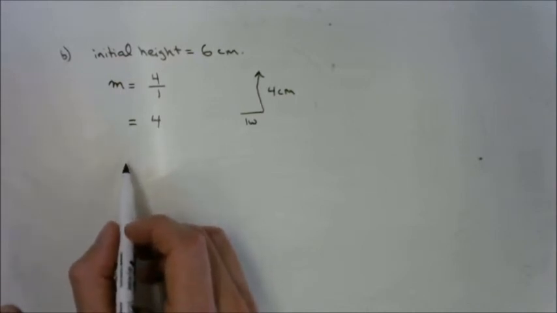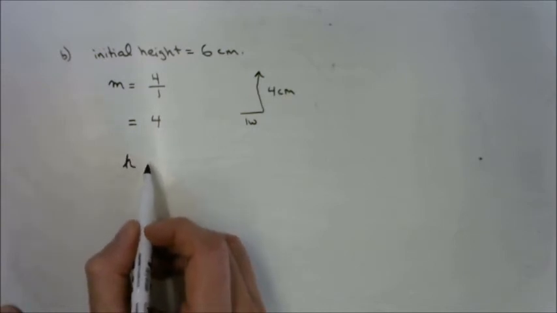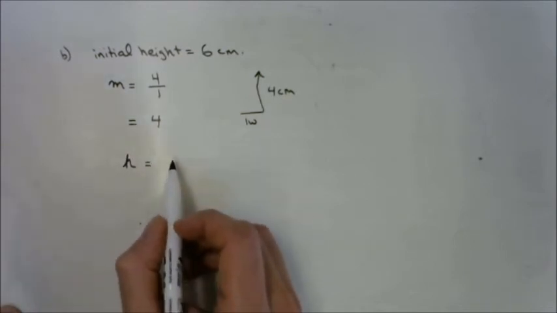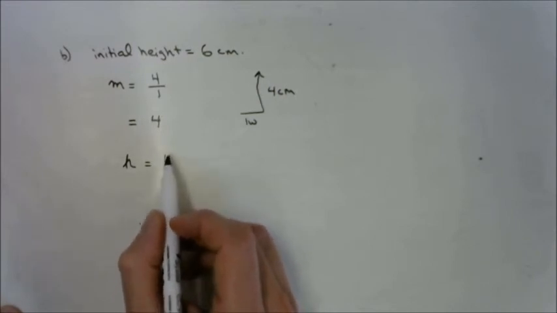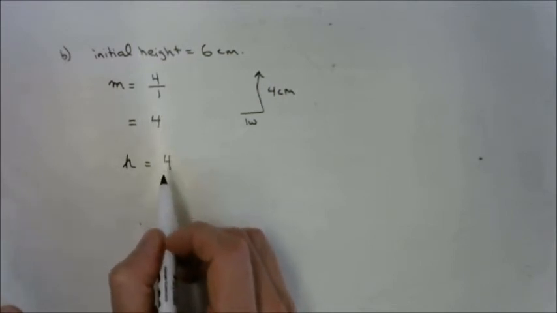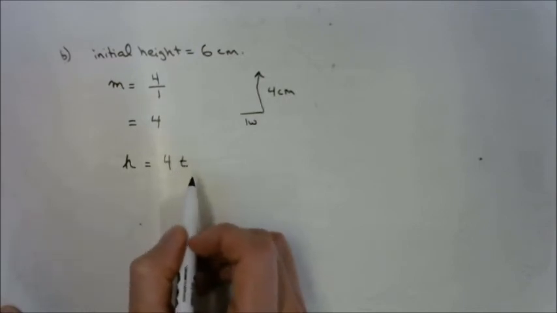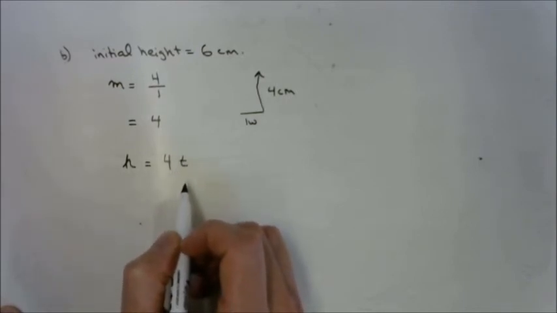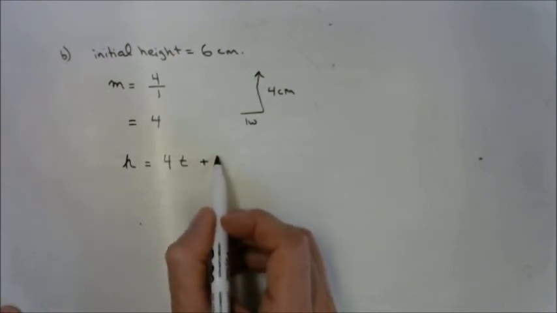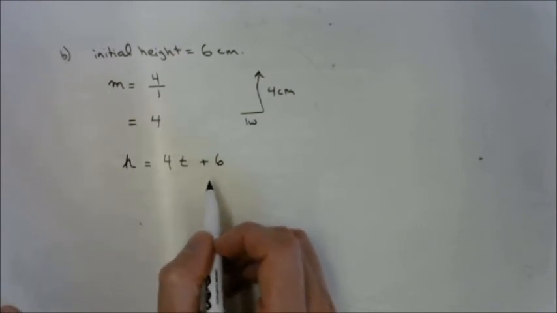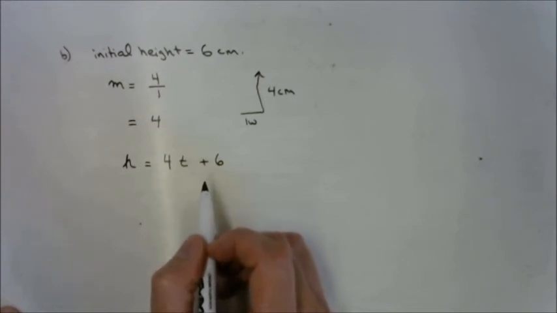Time and height. Height is our dependent variable, time is our independent variable, and the slope, or the constant of variation, is 4: every week it's going to grow 4 centimeters. So y = 4t + 6, where t is the number of weeks, and our initial value is a starting height of 6 centimeters.